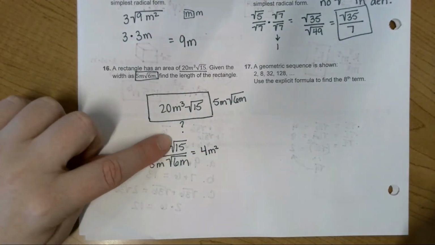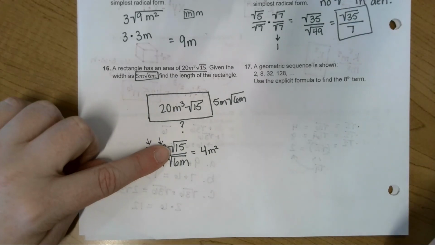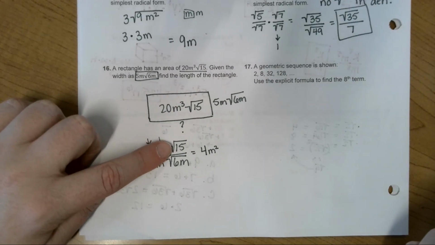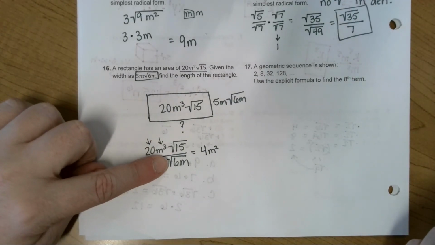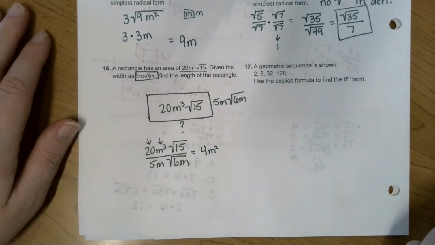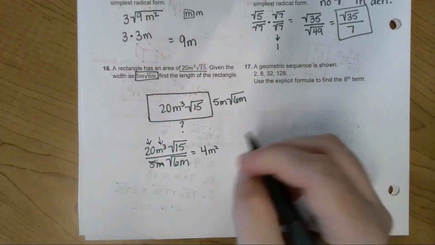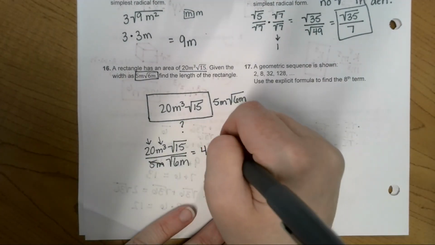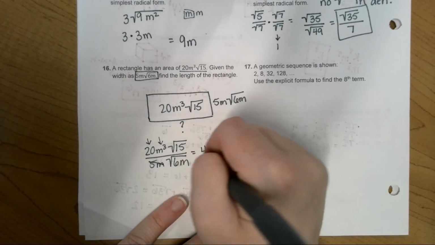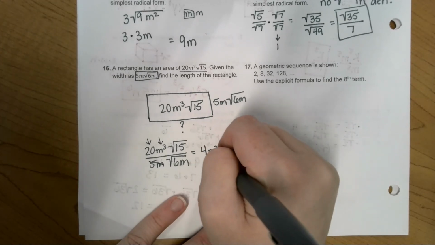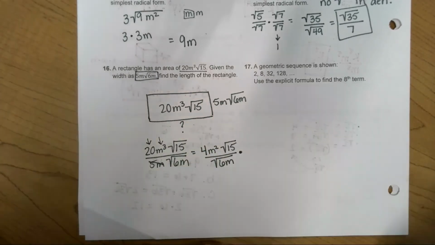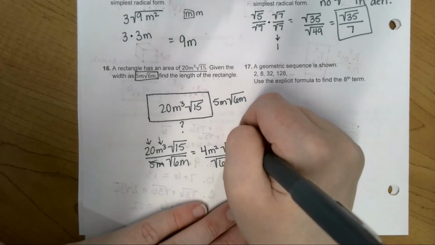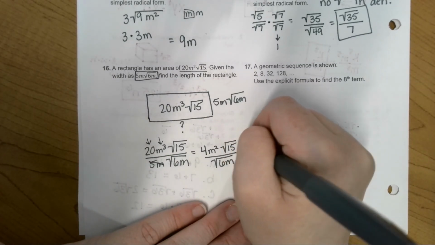This is where it's going to get tricky, is the radicals. Square root of 15 will not divide easily by square root 6m. So let's leave this like this for right now and rationalize the denominator. Let's multiply by square root 6m.